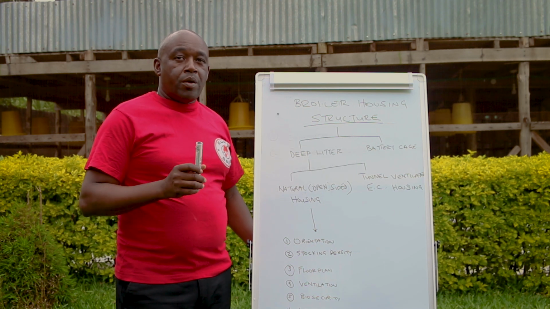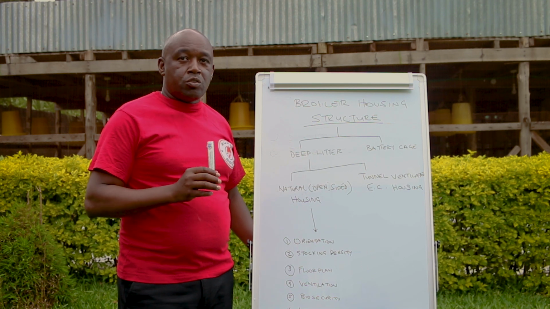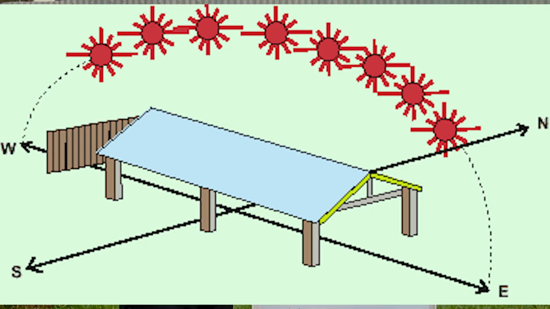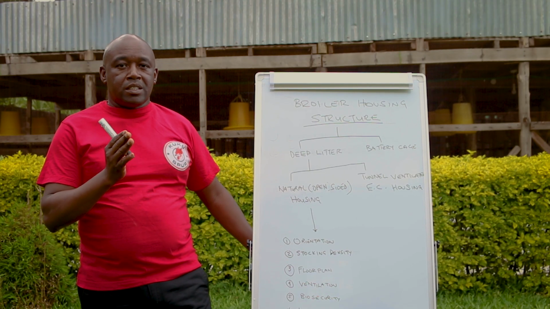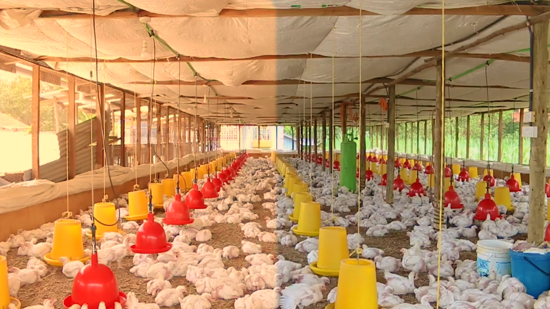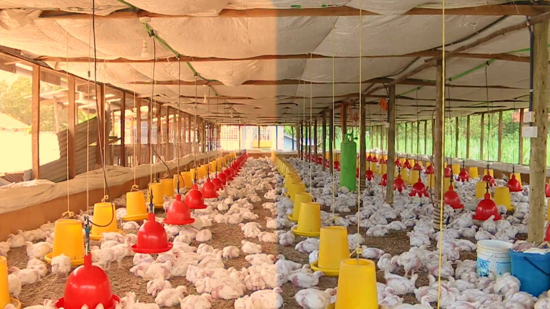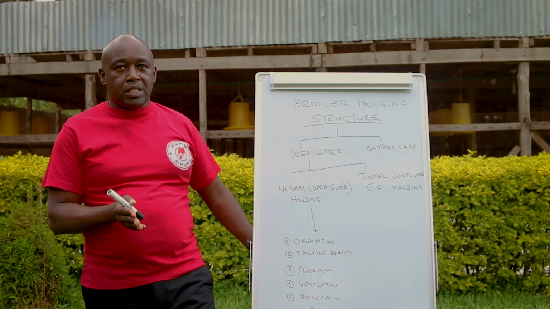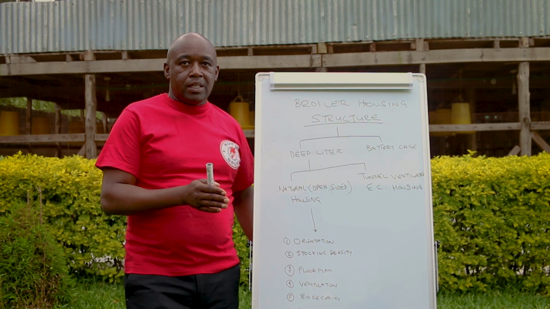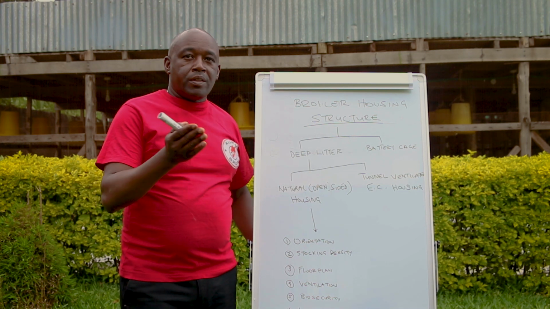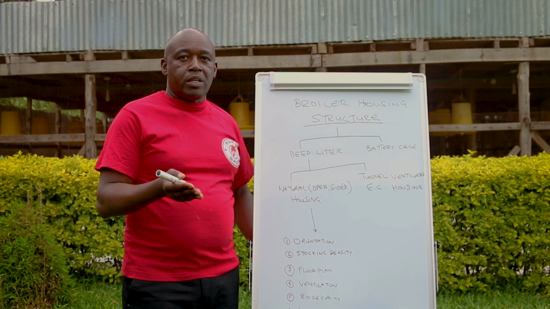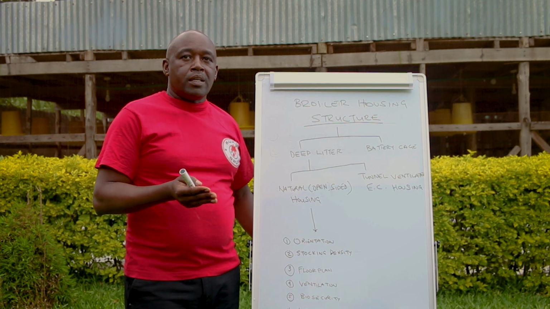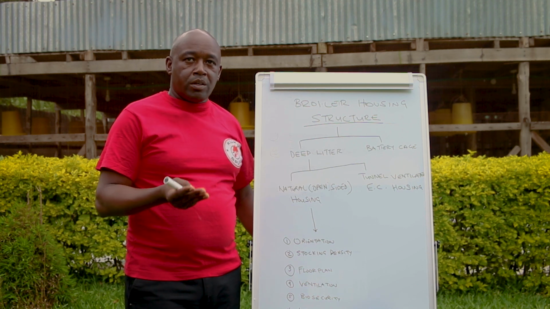By this, I mean the house must be east to west oriented, meaning sunlight must not be able to get into the house at any one time, because when the sunlight gets into the house, naturally it warms up that side of the bedding of the house, and birds are going to move to the other side, meaning the feed on that side will also be warmed, and it will also erode in efficacy, and its natural contents will be lost.